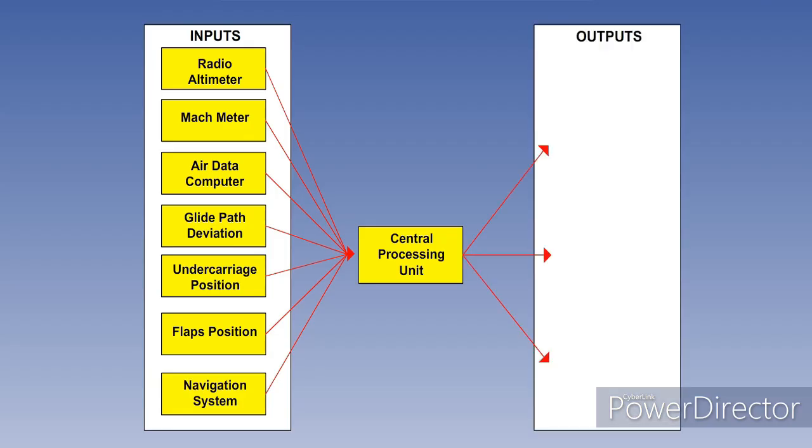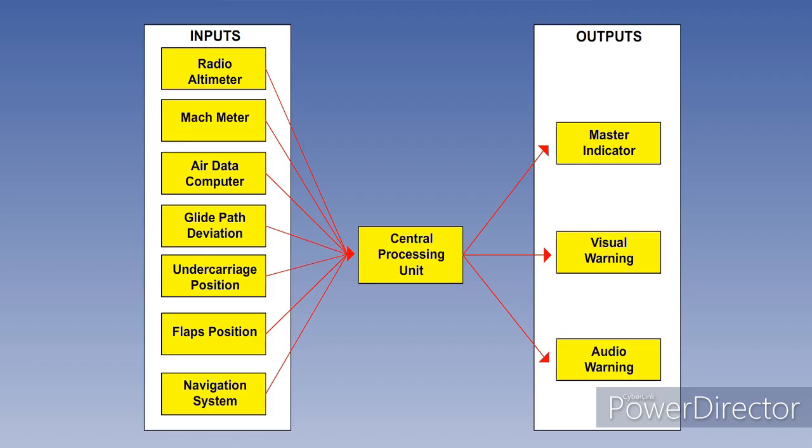The central processing unit takes the inputs and then produces either an alert, this is a caution generated by the system, or a warning, which is a command generated by the system. This is then sent back to the necessary output, including the master indicator, visual warning, and audio warning.